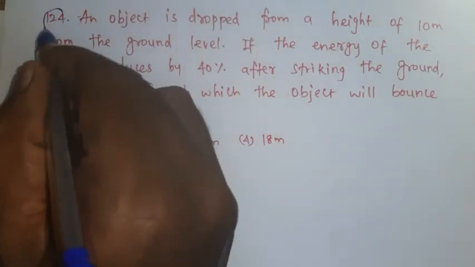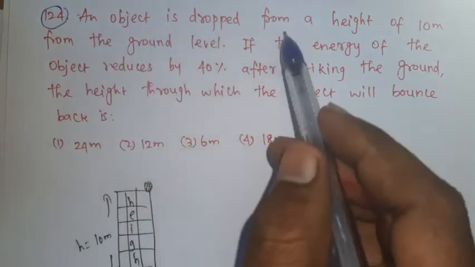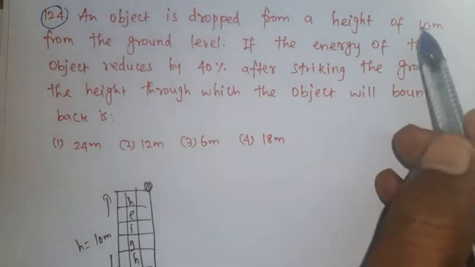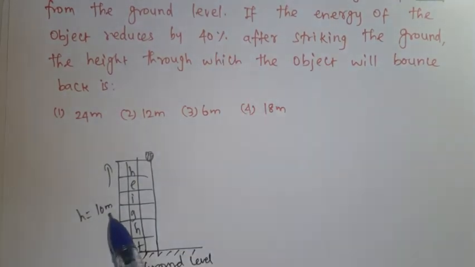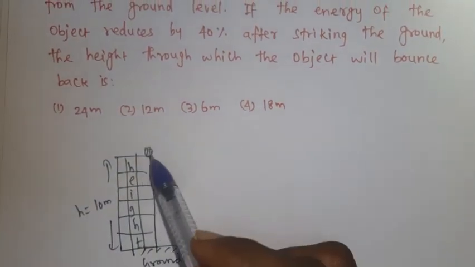Question number 124. An object is dropped from a height of 10 meter from the ground level. So this is 10 meter from the ground level, the object is dropped.